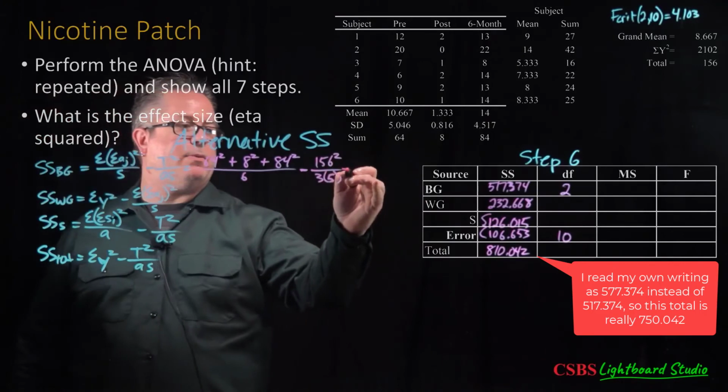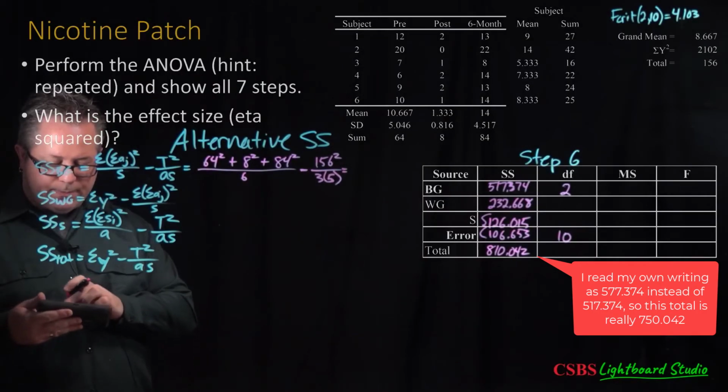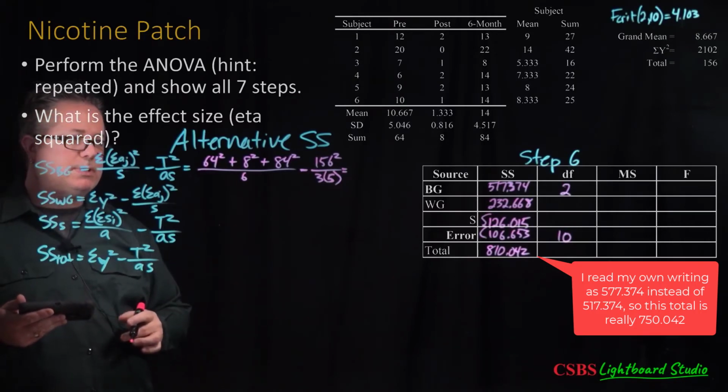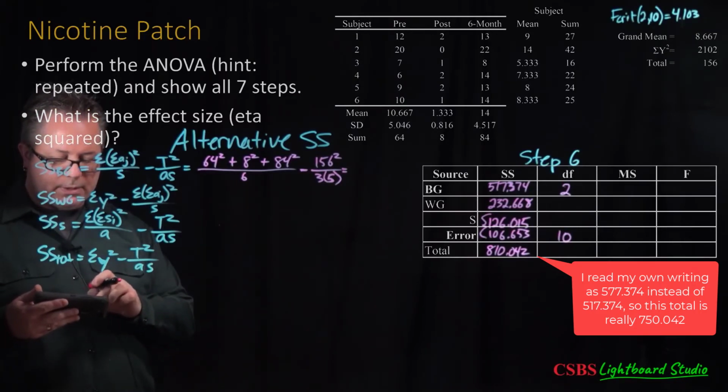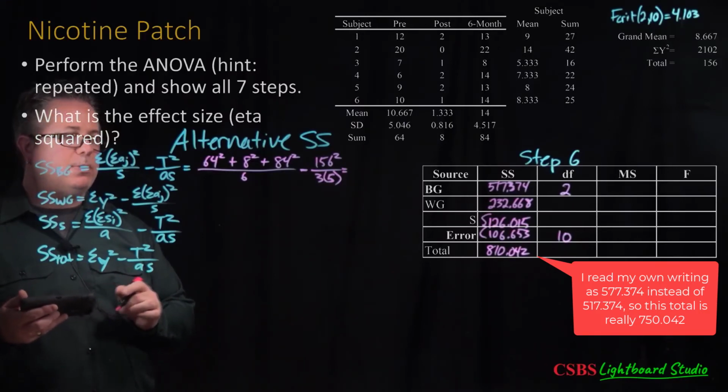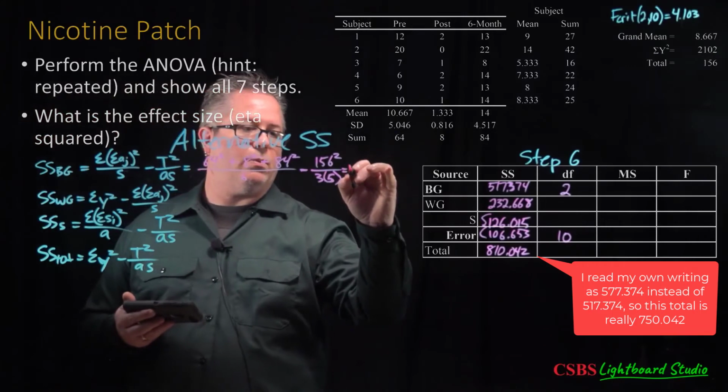So this is going to equal 64 squared plus 8 squared plus 84 squared equals 11,216 divided by 6 equals 1869.333.